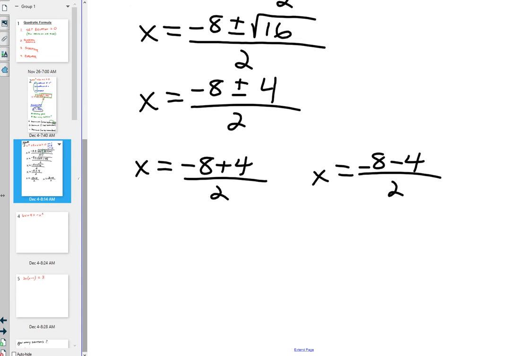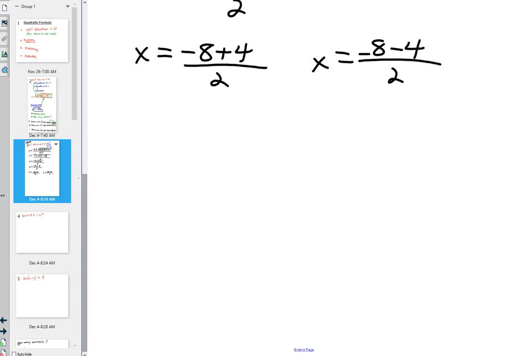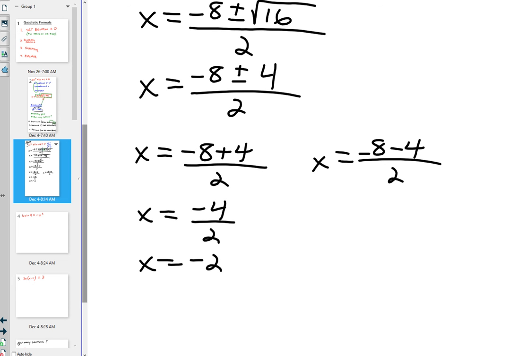Negative 8 plus 4 is negative 4 over 2, which gives me negative 2. This gives me negative 12 over 2, which is negative 6.